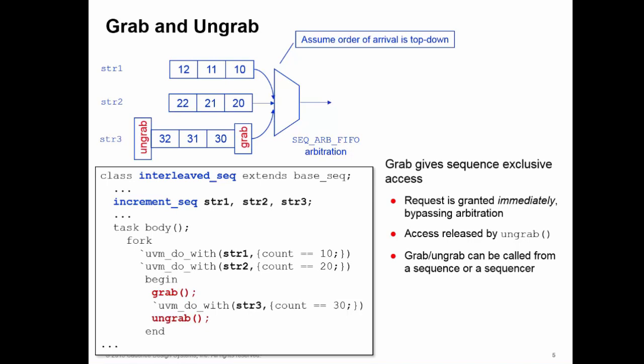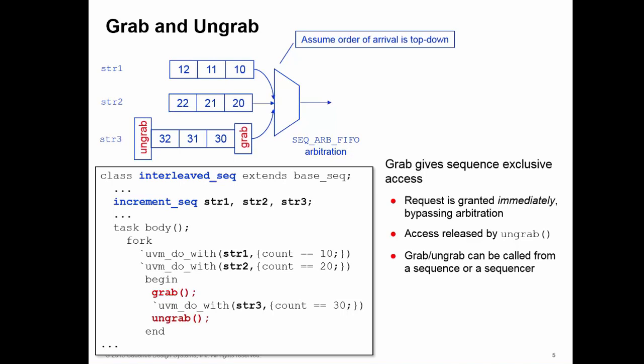Once you execute the grab, it grants exclusive access to that particular sequence, but the key thing about the grab is if there is a grab waiting in the arbitration queue for the sequencer, it doesn't matter what arbitration method we're doing, okay, we're executing on the sequencer, we immediately execute the grab.